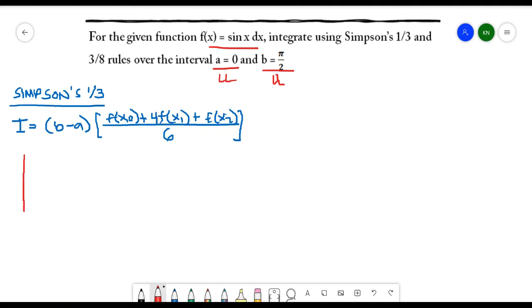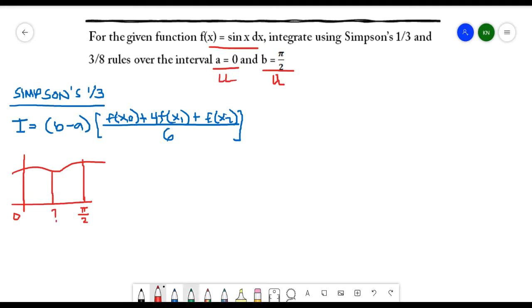So let's say we have here a graph, and possibly this is our lower limit, and this is pi over 2. Since again Simpson's rule must have 3 points, we need to find the value of this one.